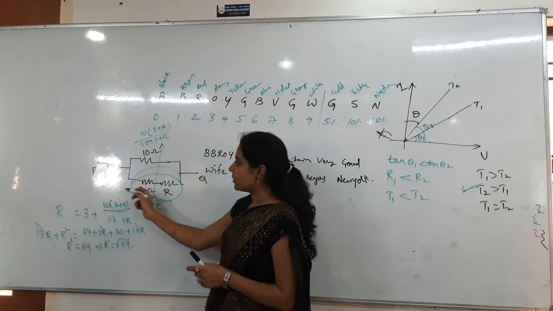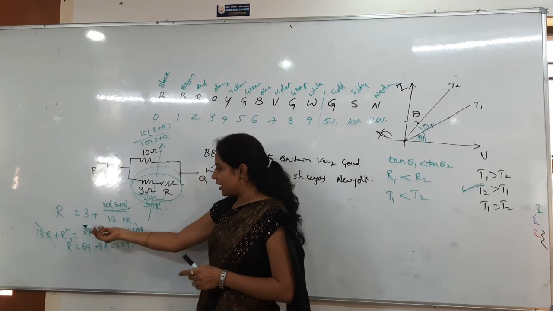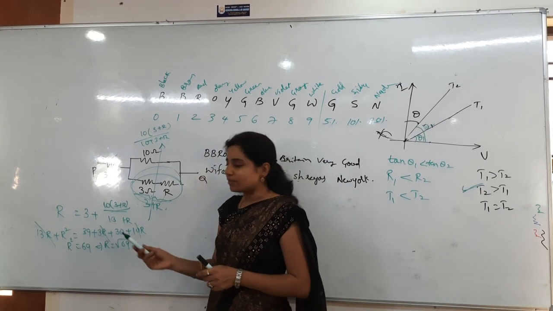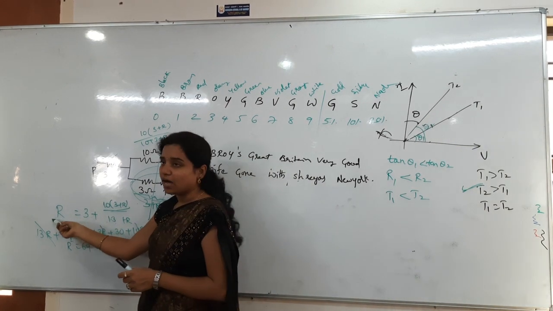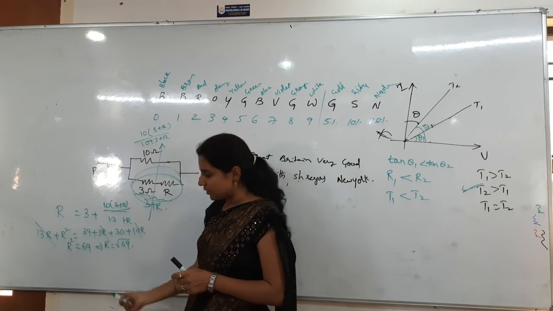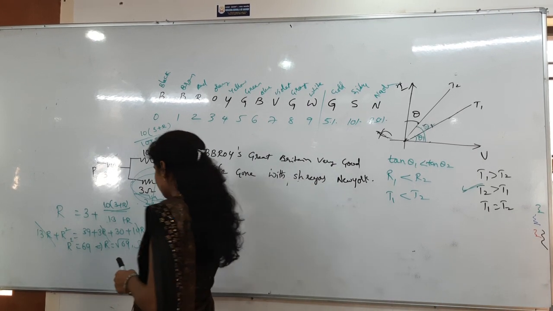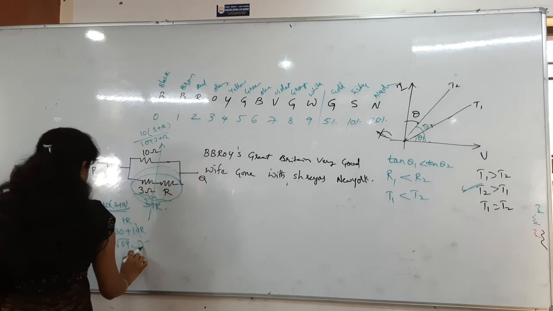Then the entire combination is in series with the 3 ohms here, so I have added directly. Then the net resistance is R, they are saying. So I am just solving the equation here. We will get R equals under root 69 ohms. That is the correct answer.